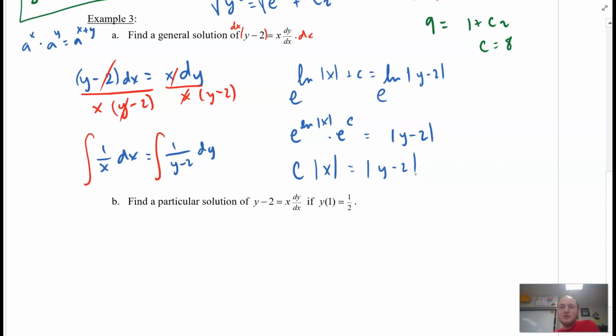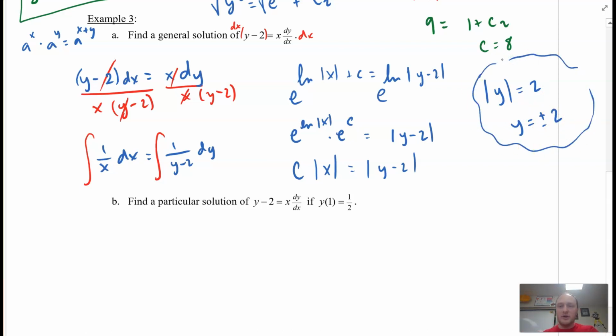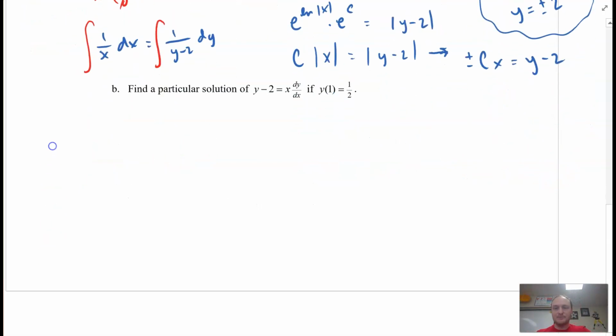Now how do I deal with the absolute value symbols? I want to remind you, the absolute value of y, if it's equal to 2, then y is either equal to plus or minus 2. This is just a side note here. So we want to solve this. What I do is remove the absolute values and put plus or minus on each side. So this gives us plus or minus c times x is equal to y minus 2.